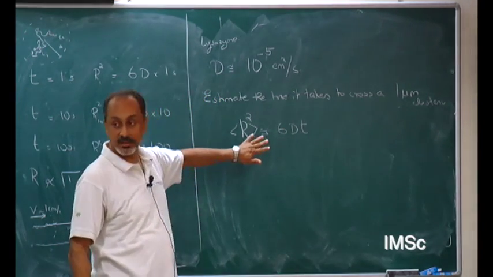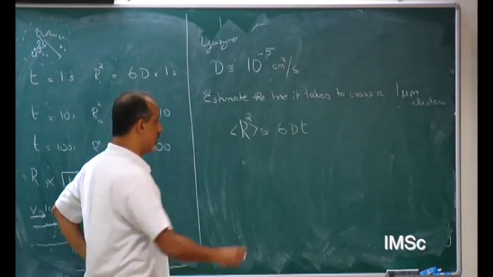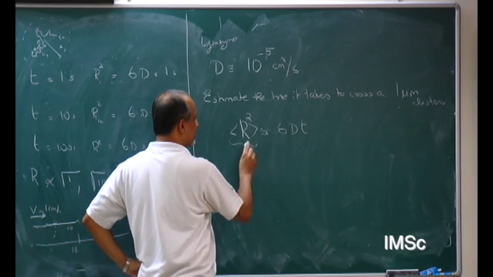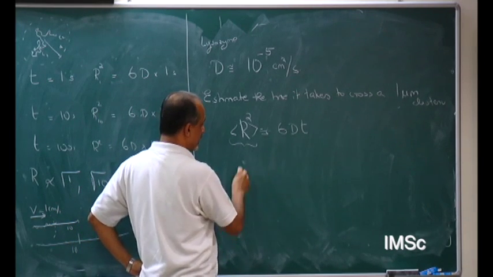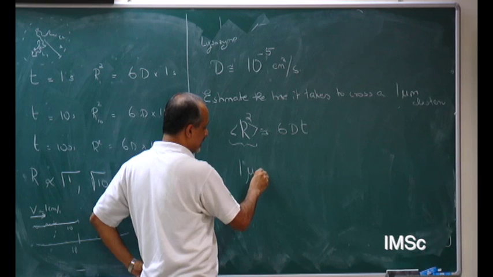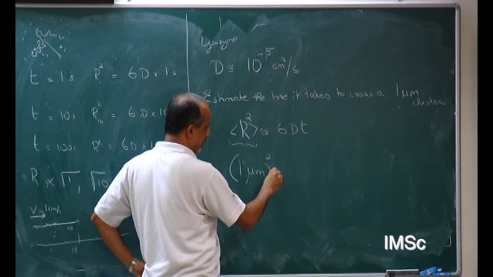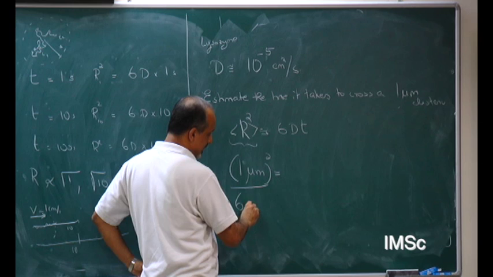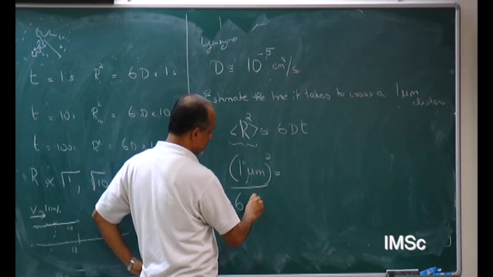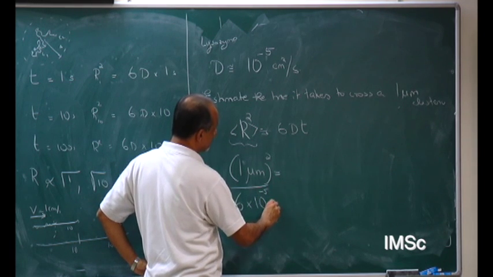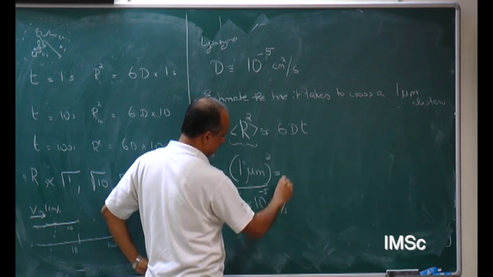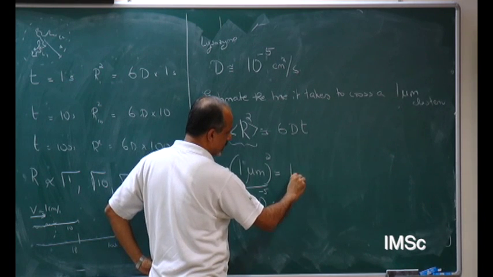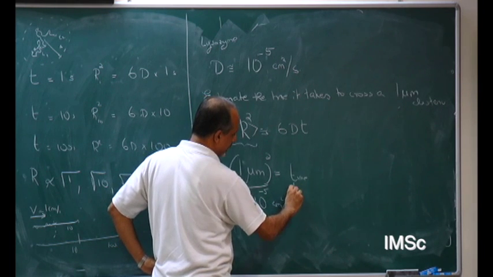This is the distance it goes on average. So one way you can estimate this is to replace r squared by 1 micrometer squared, divided by 6 times the diffusion constant, which in this case is 10 to the power minus 5 centimeter squared per second, is some estimate of the time that it takes.